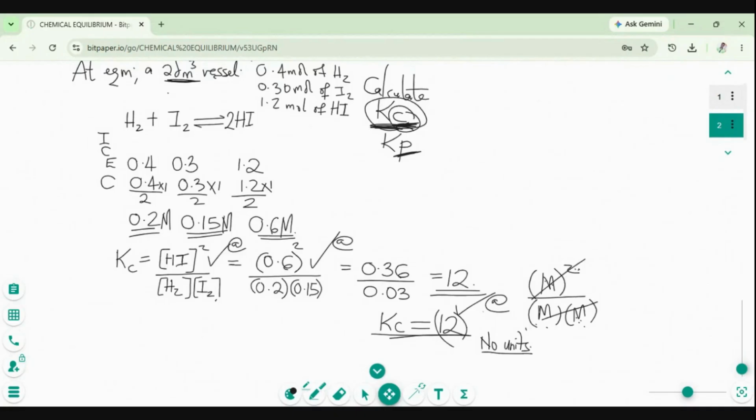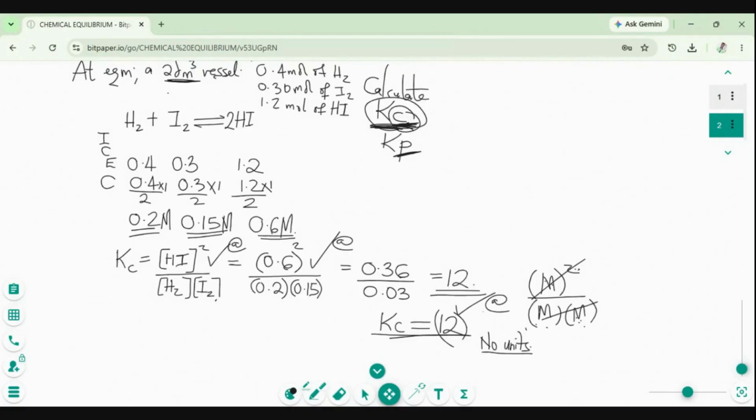So if I try to summarize this again, such that the question looks complete, that is how it looks. At equilibrium, a 2 decimeter cubed vessel had 0.4 moles of hydrogen, 0.3 moles of iodine, and 1.2 moles of hydrogen iodide. Calculate the Kc. So to get Kc, I needed concentration. And concentration is equilibrium moles divided by volume. So I got my equilibrium moles, divided them by the volume I had, and got the concentration.